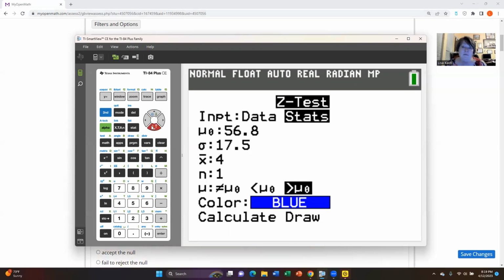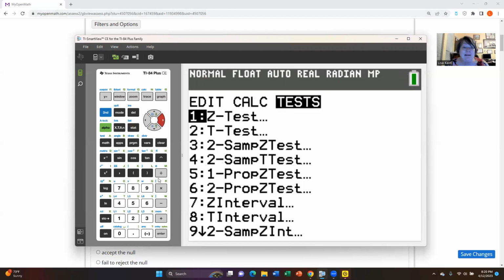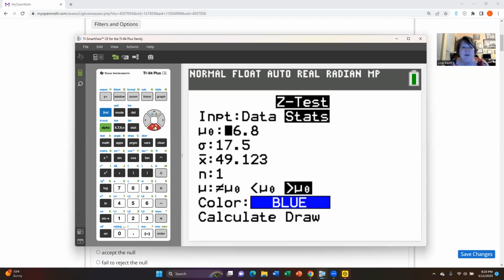Then the mean of the sample that we took, they have it capital M, but that is the mean of the sample, and that was 49.1. And there were 23 in my sample. Oops, I put that in the wrong place. Let me go back to the z-test and fix that. That was 49.1, correct? Delete those two. And the sample size was 23.